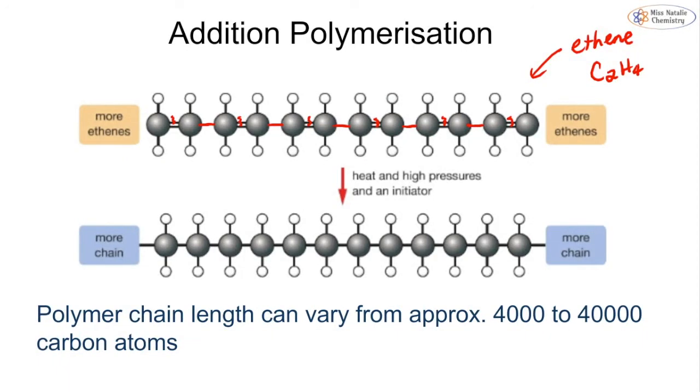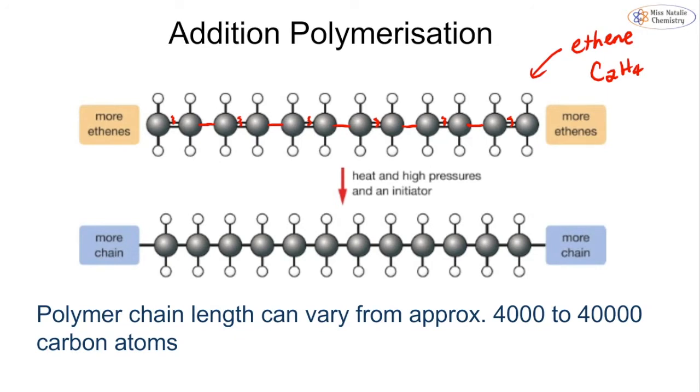So if you imagine you've got a row of people standing in twos holding each other's left and right hands. That hand holding, that's your double bond. If every single group breaks one of those hand holdings, they still are connected to their partner, but now they can turn and they can hold the hand of the person next to them, forming one long chain with people holding hands as opposed to being in small individual groups. This is exactly the same as what happens in polymerisation.